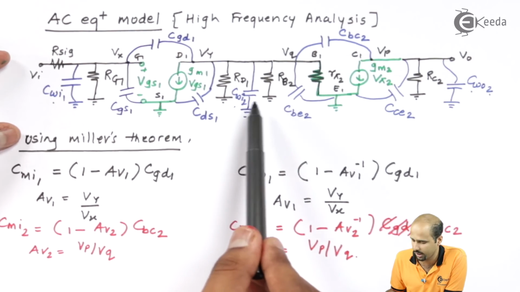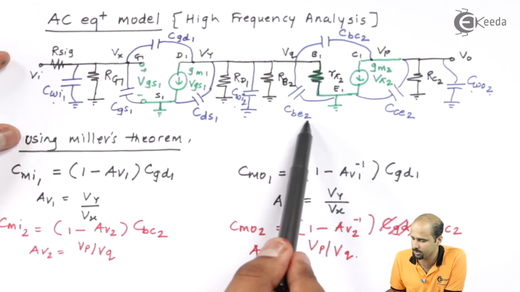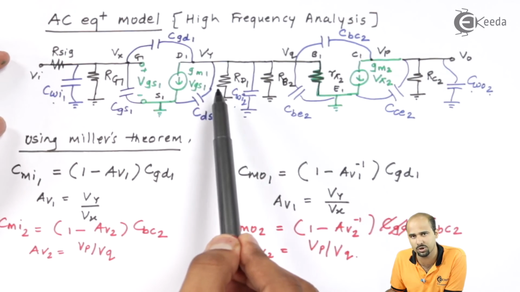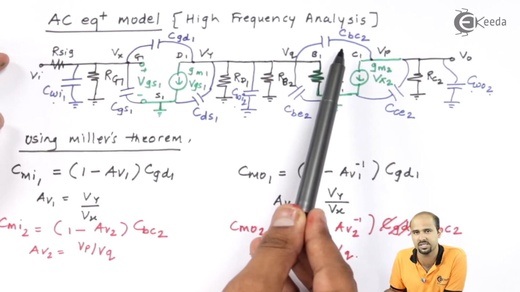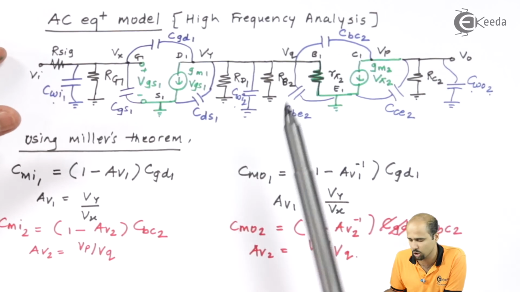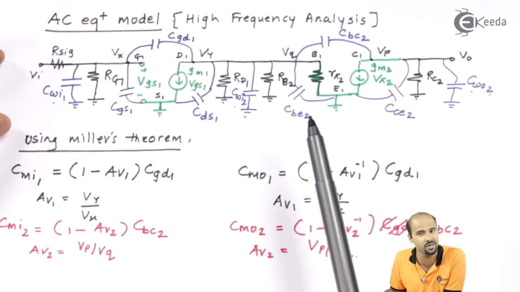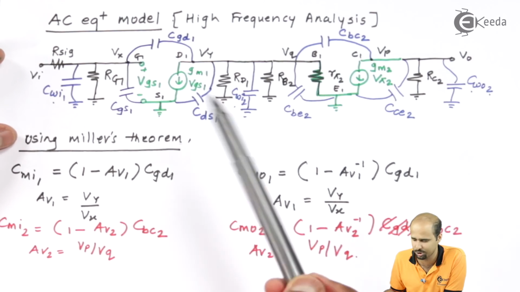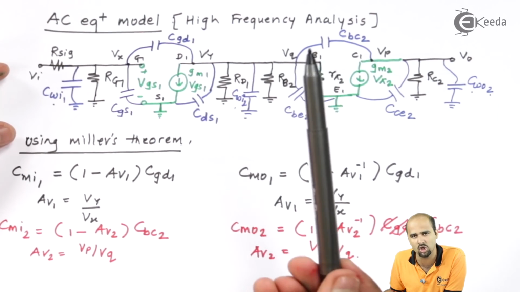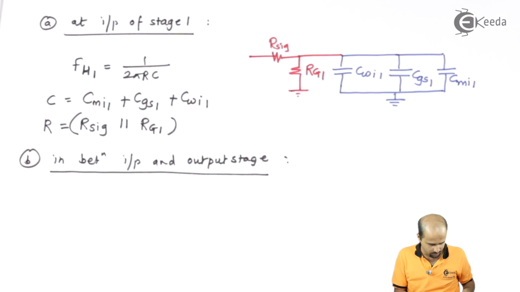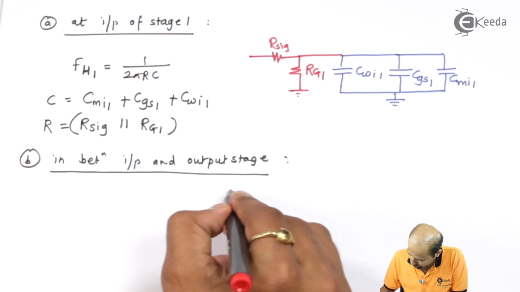So CDS1, CWI2, CBE2, and the replacement of CGD1 at the output side and the replacement of CBC2 at the input side, so that forms your Miller's capacitance. All these capacitances, that means 5 capacitances, will be there, and they are in parallel combination, and all these resistances also form the parallel combination. So let's see how the circuit will look like.